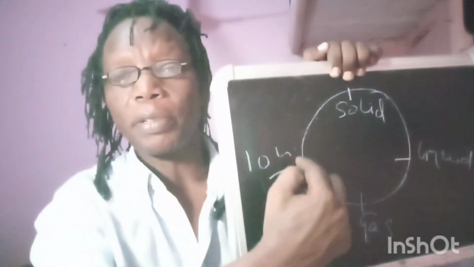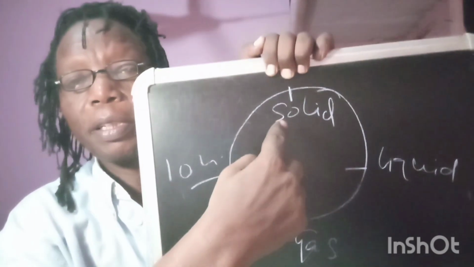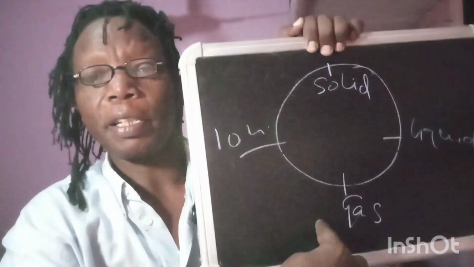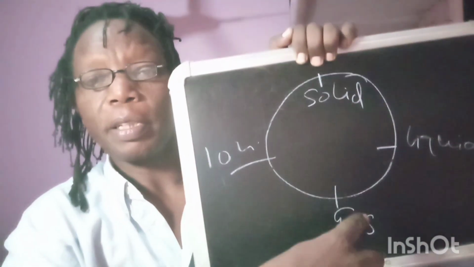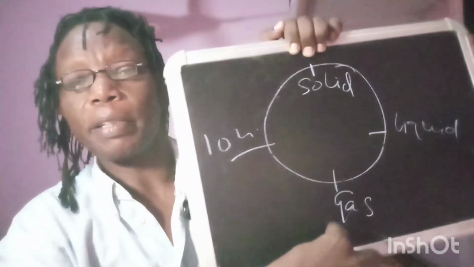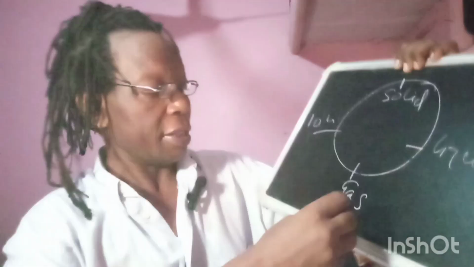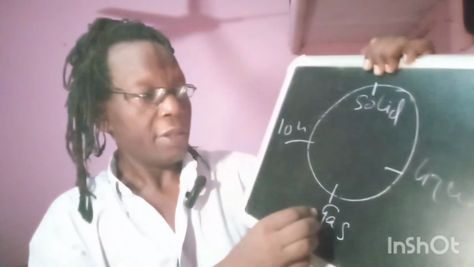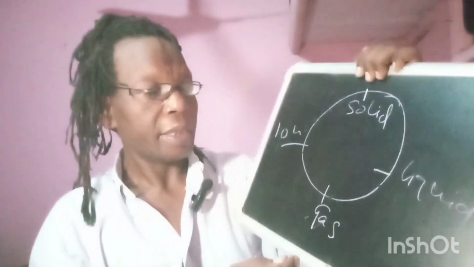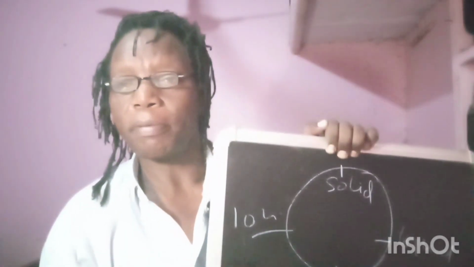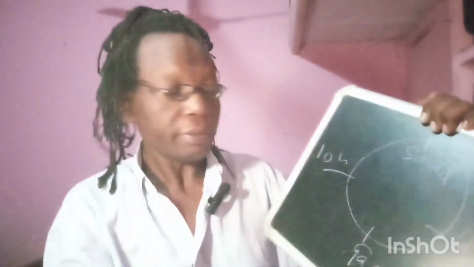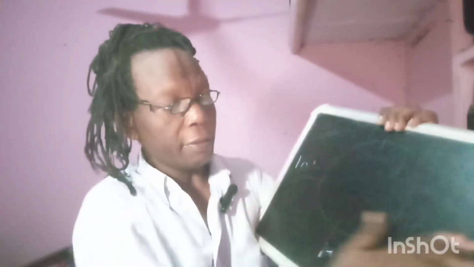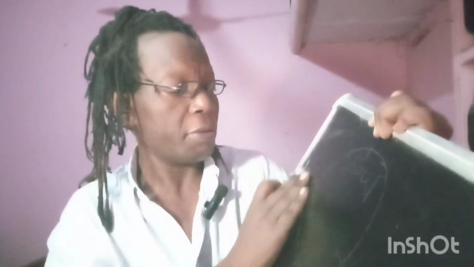I don't know how much of this we should put here, but we are concerned with these 3: solid, liquid, gas. And this gas, when it's in a vapor state, will rise up, of course, to the atmosphere.